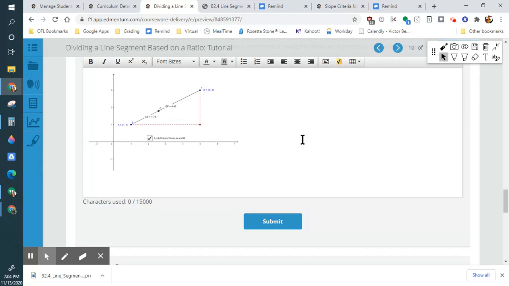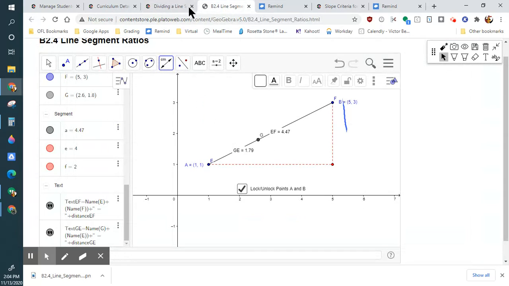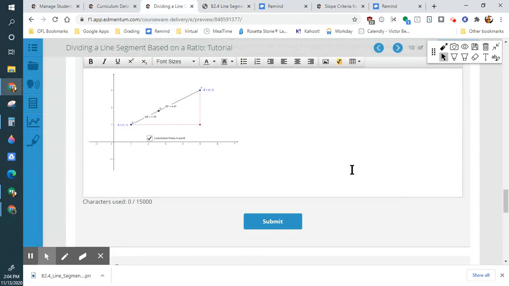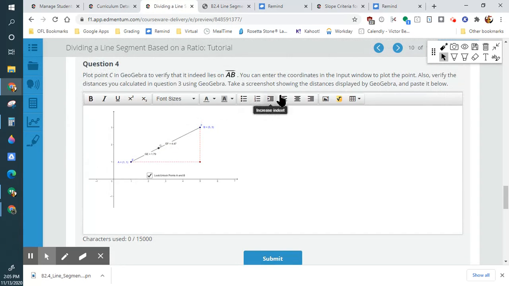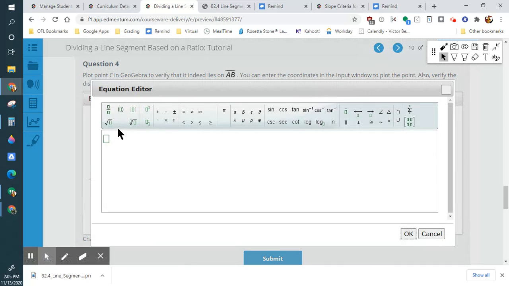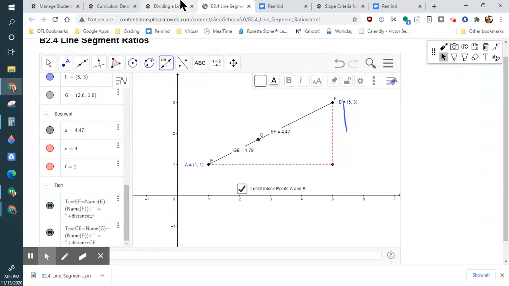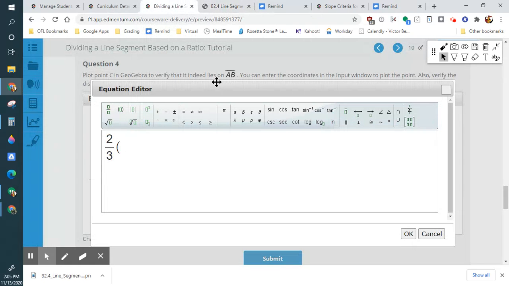And when I do the distance, I'm going to want to do the distance here. So I'm going to verify that by simply doing, give me a second here, 2/3 of distance 4.47.